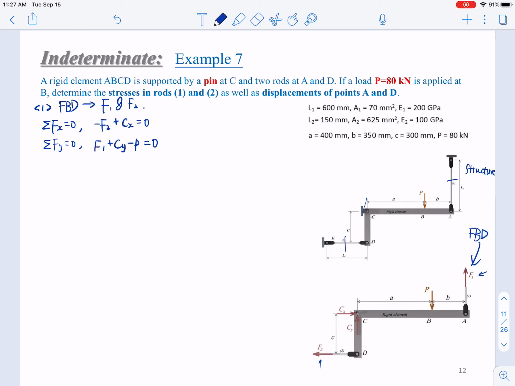Are these equations useful? Here actually, this is very tricky. They may be useful, but you need more equations to solve it because we're just introducing more unknowns. In these 2 equations, we have 4 unknowns already, but we only care about F1 and F2.